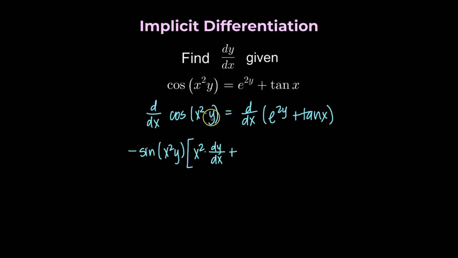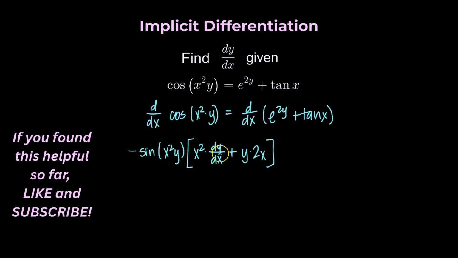Plus, now I'm going to leave that second function alone. I'm not taking its derivative, so I'm just going to leave it alone, y. And the derivative of x squared is 2x. Okay, so that's the derivative of the left-hand side, and now the derivative of the right-hand side.